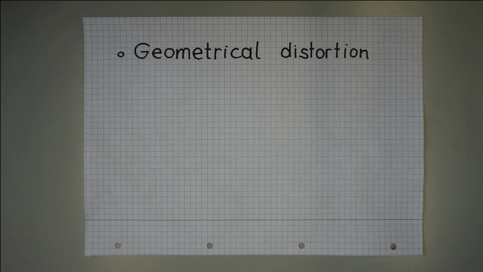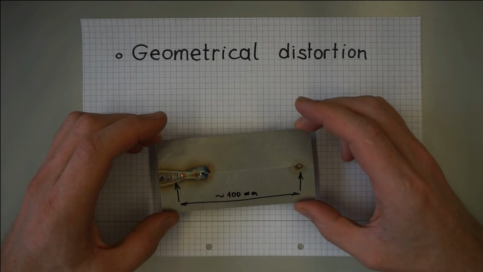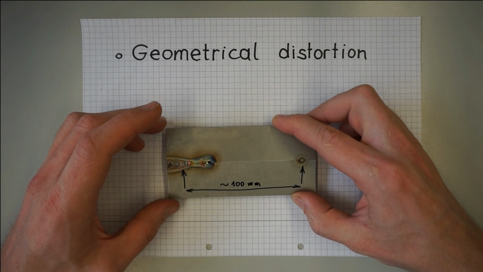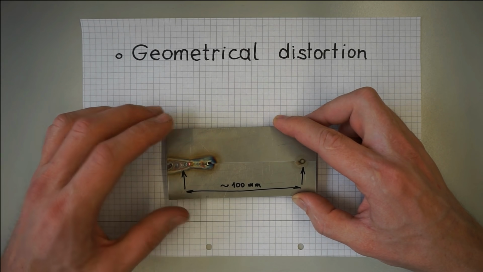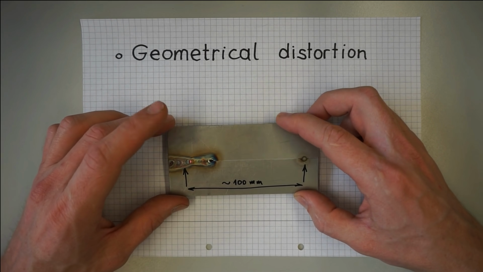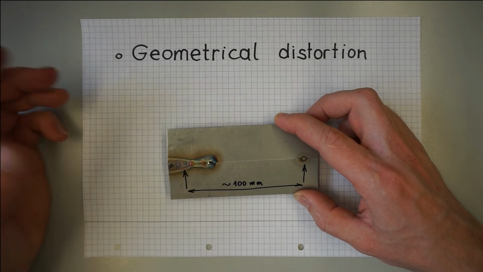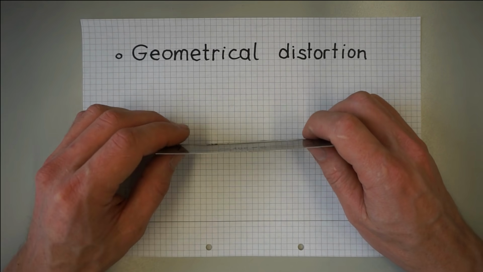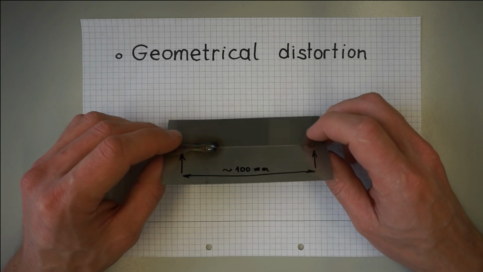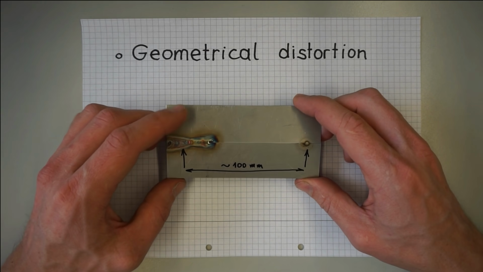And this brings us to my last remark on geometrical distortion, which is sufficient tacking. The problem of opening gaps is only solved with sufficient tacking. The thinner our wall thicknesses and the more flat the joints are, the more we can observe the tendency of buckling between tacks, like on this 0.6 mm stainless steel sample here.